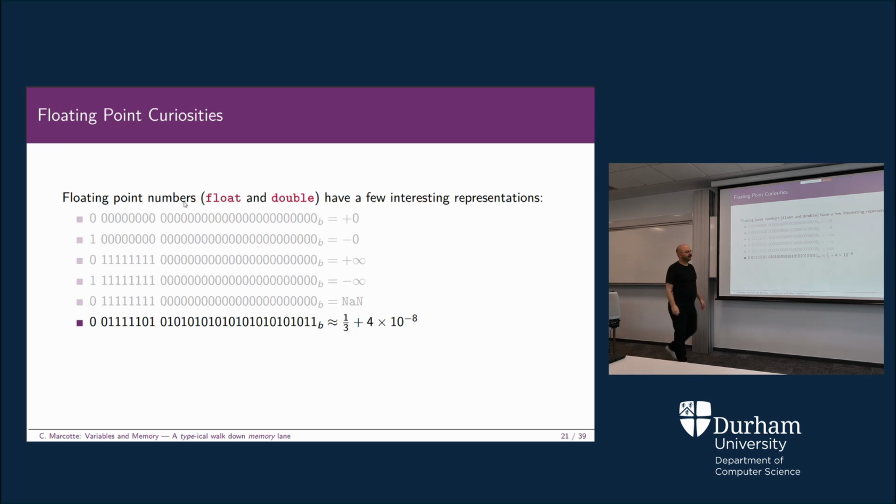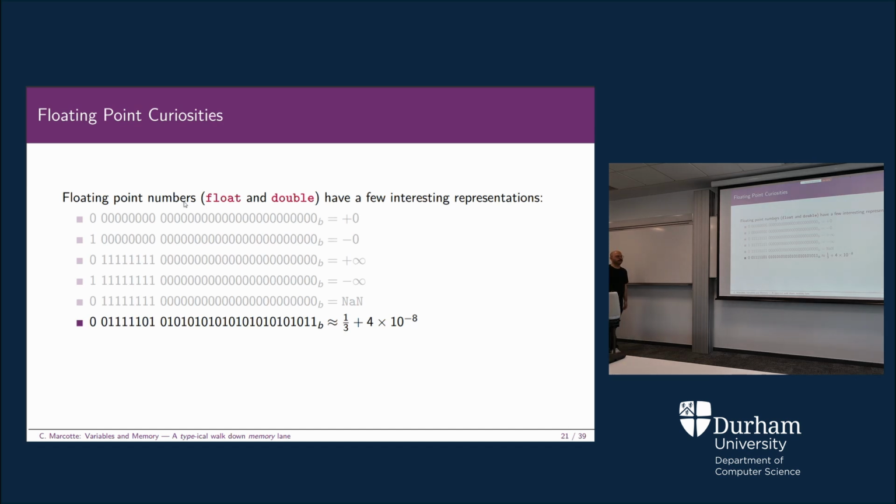Now, in an earlier example, we had some value set to about 1/3. This is the floating point representation of a third. You'll note that it's not exactly a third. There's an error. It's relatively small, but it's not 0.